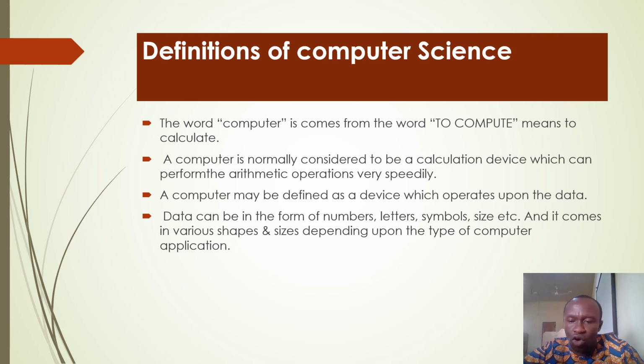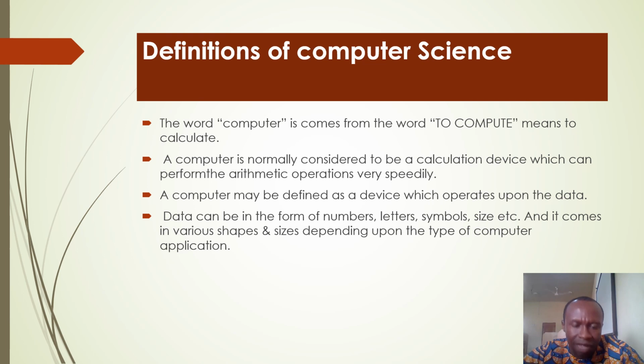A computer doesn't just work on its own. It basically needs data to work on. When you provide the data, it processes the data and then gives you the information, which is actually the output of what you fed into the system.